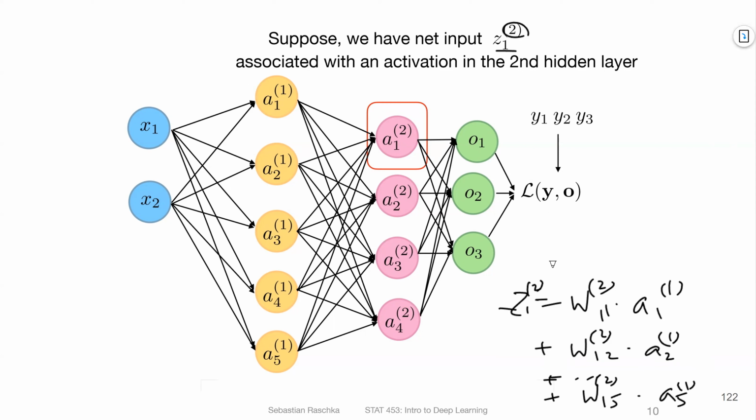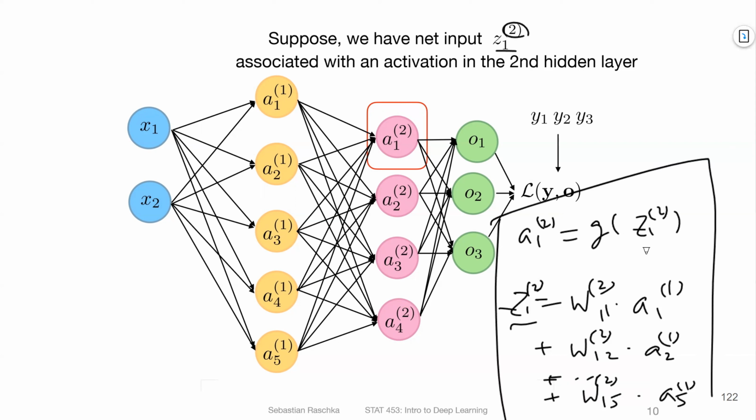After we calculate the net input, we pass this value to an activation function, and this becomes A1 of the second layer. And we saw in the previous sessions that we can abbreviate all these operations using matrix notation. Now you might understand how the first component of the second layer is calculated: after applying an activation function to this Z1.